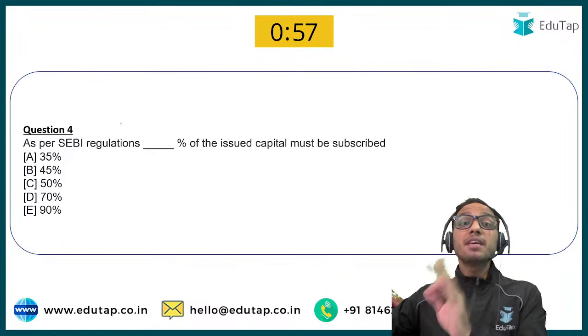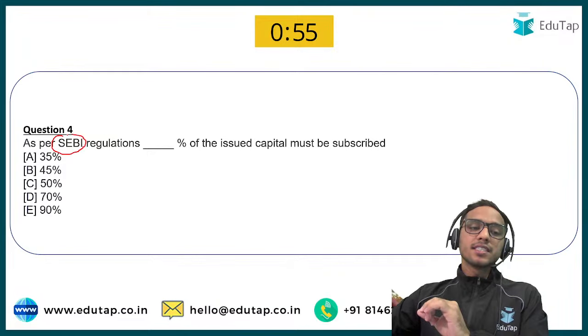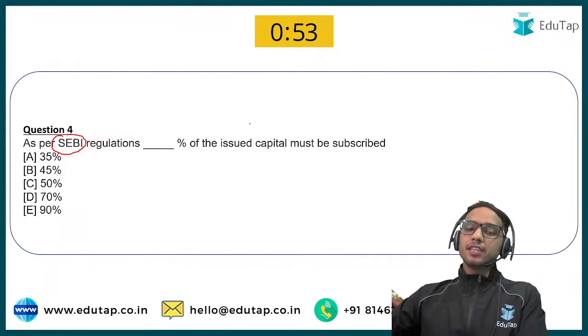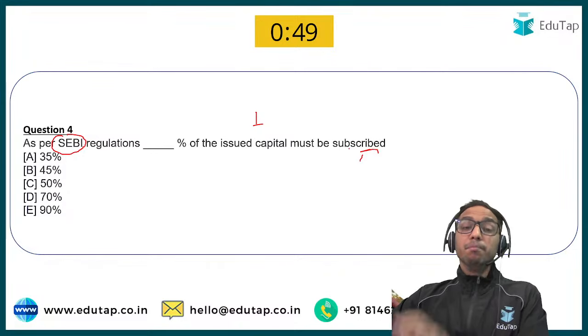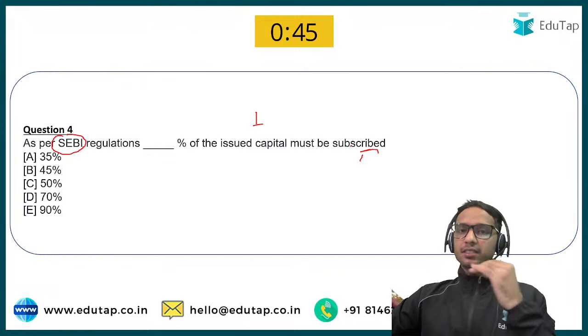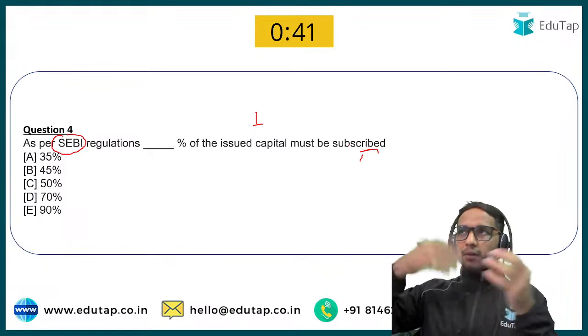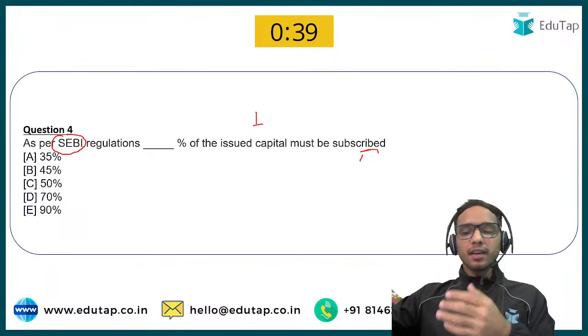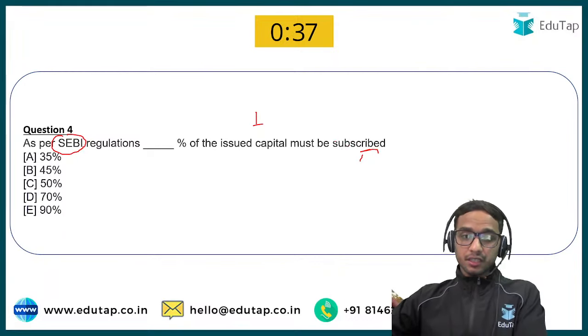As per the SEBI regulations, dash percentage of the issued capital must be subscribed. What is the minimum issued capital that must be subscribed? If this limit is not met, then obviously the company has to return all the money, right? They can't allot any share if this percentage of issued capital is not subscribed.